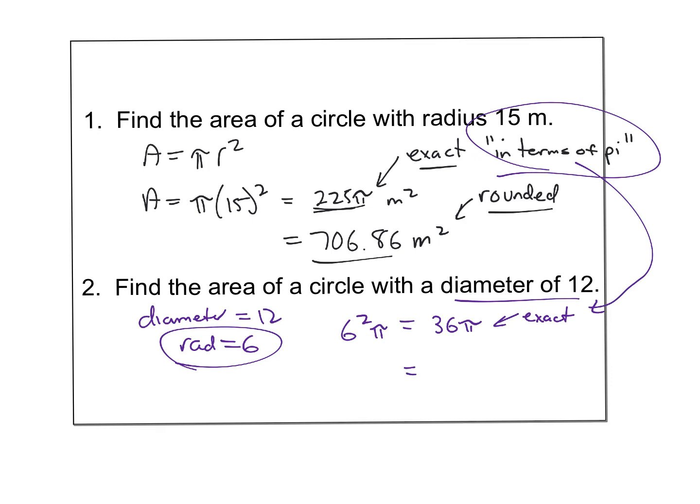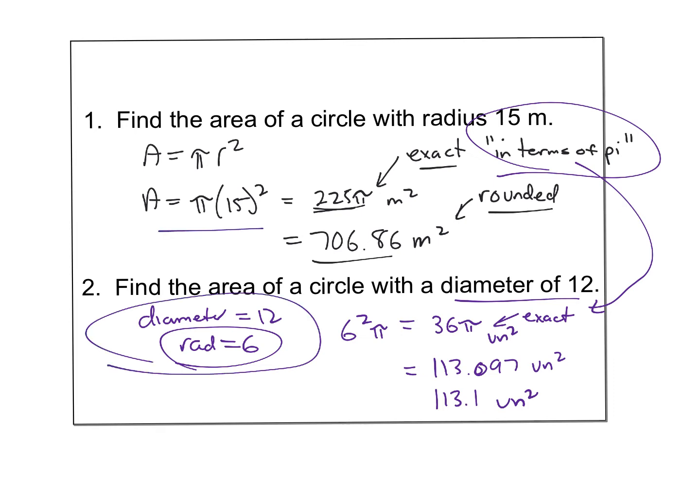So 36 times pi is just going to be 113.97. Or if you said 113.1, I wouldn't count that wrong. Units squared. So that's all I'm doing. We figured out the area of a circle before. All you're really doing is just taking whatever the radius is, square it, and multiply by pi.